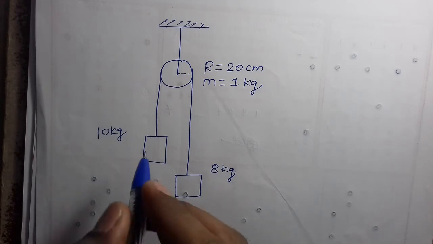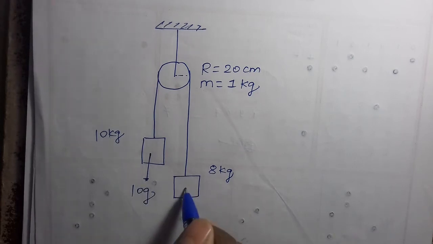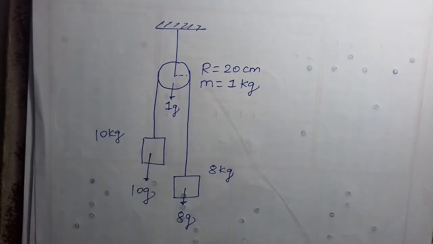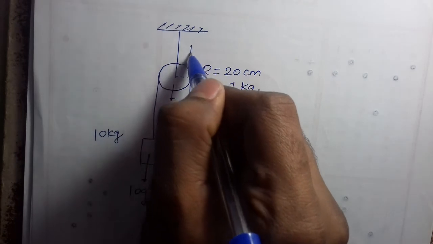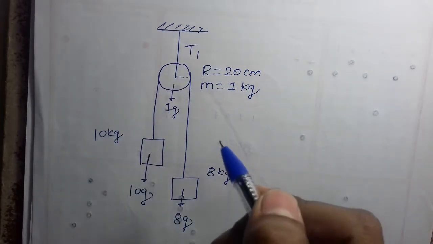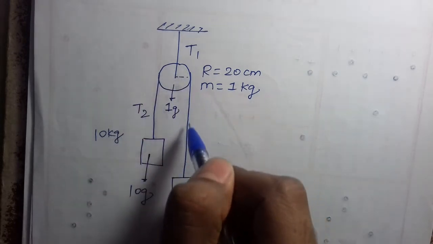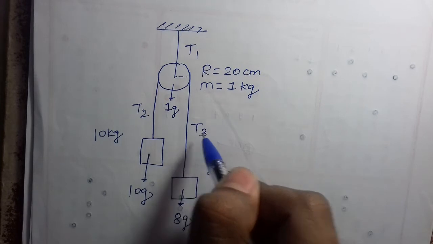Force due to mass, because of 10 kg 10G, because of 8 kg 8G, and because of this 1 kg 1G. Mass clear. Then after mass, surface is not present. After surface, string produces tension. In this string tension is T1, in this string tension is T2.